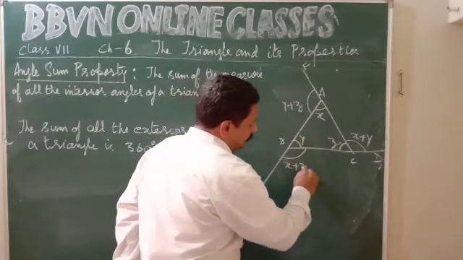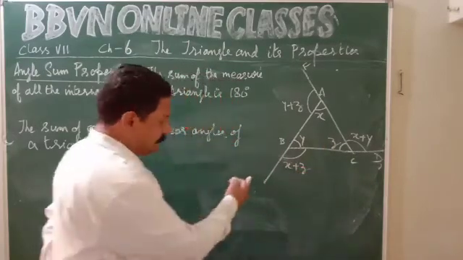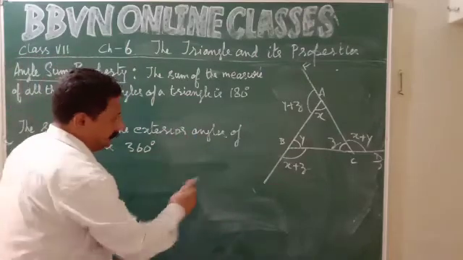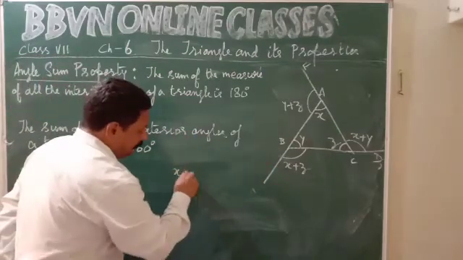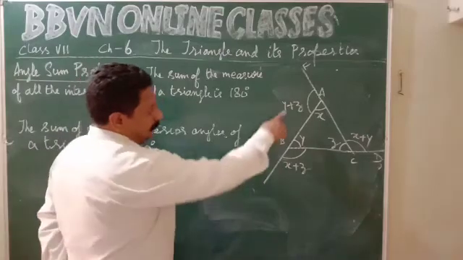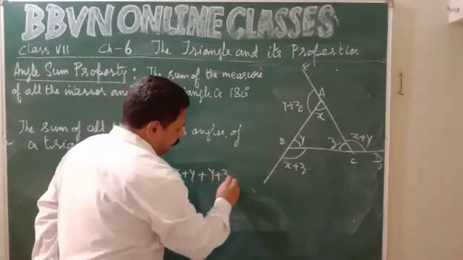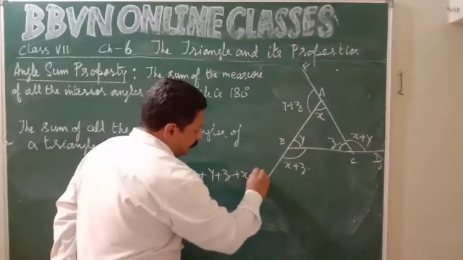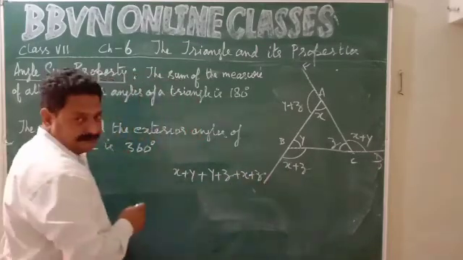It is X plus Z. So let us see what is the sum of all the 3 exterior angles. It is the first one X plus Y, plus the second one Y plus Z, the third one is X plus Z. We have to find this value.